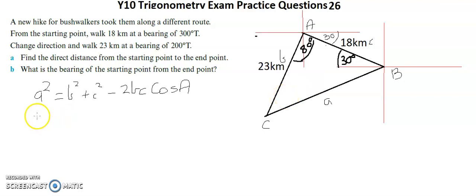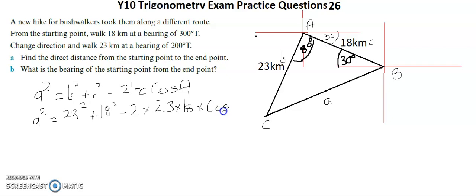So I don't know my a, but I do know my b. My b is 23, so it'll be 23 squared, plus my c, which is 18, so 18 squared, minus 2 times b, so times 23, times c, which is 18, times cosine A, which is 80 degrees.